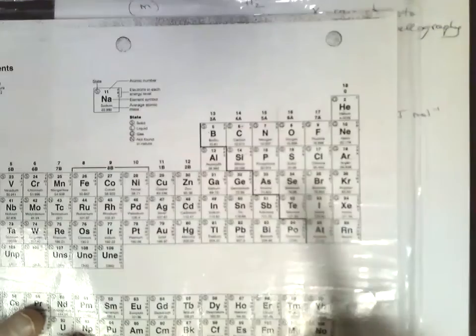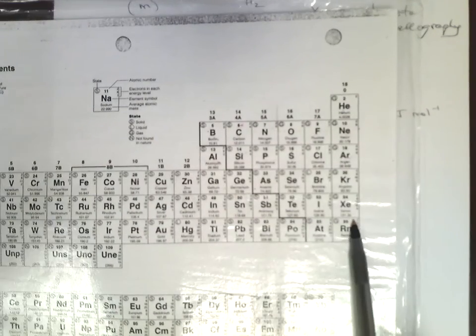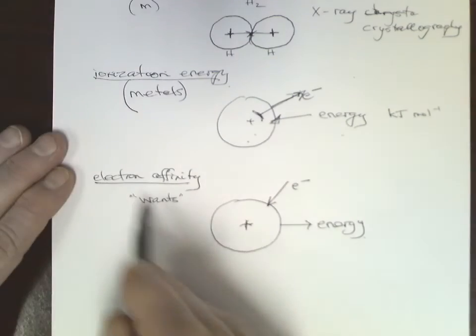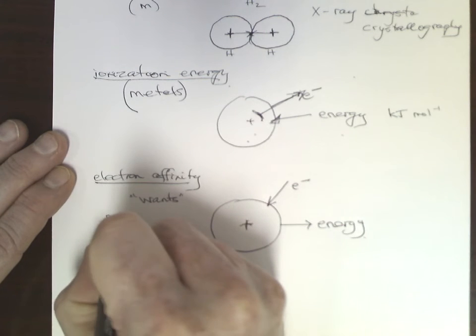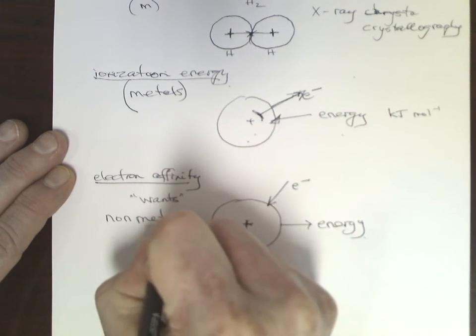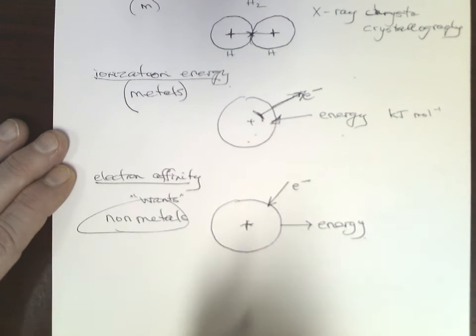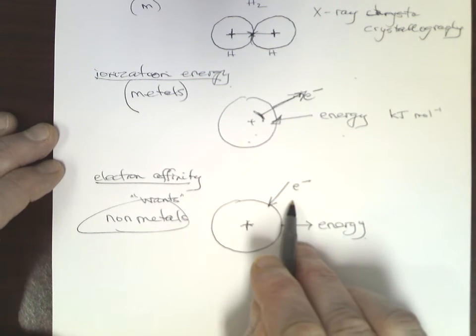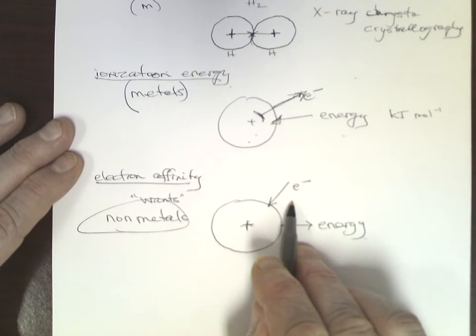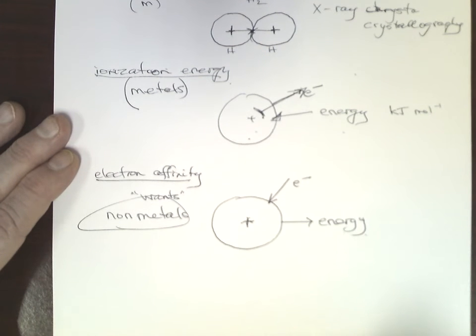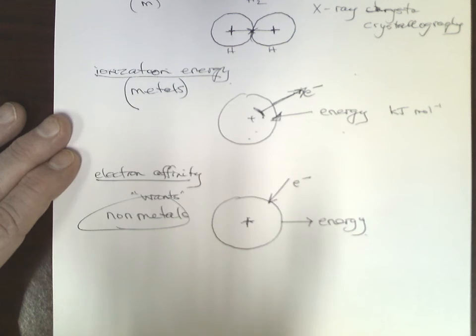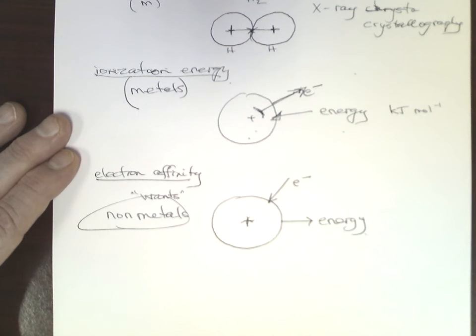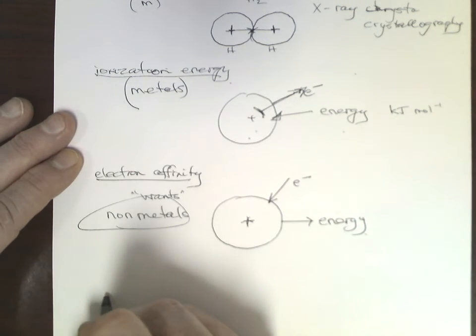Nonmetals want to gain electrons to form a noble gas. So when we're talking about electron affinity, we are talking about this for nonmetals. How much energy does a nonmetal give up in order to gain an electron to form the noble gas configuration above it in the periodic table? That's electron affinity.